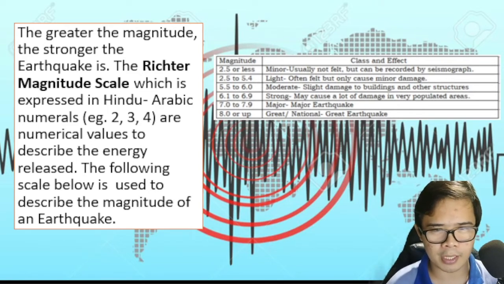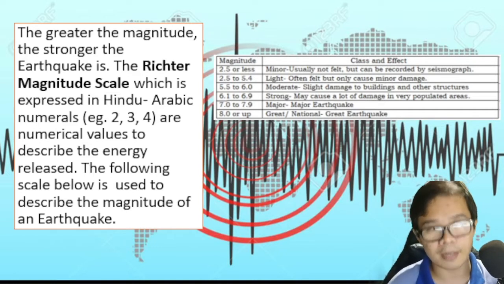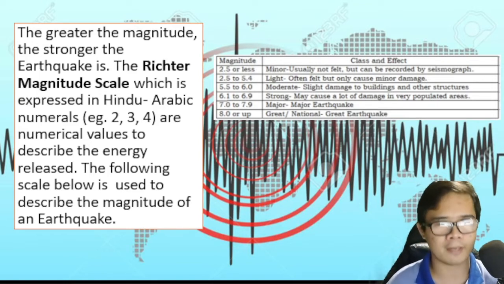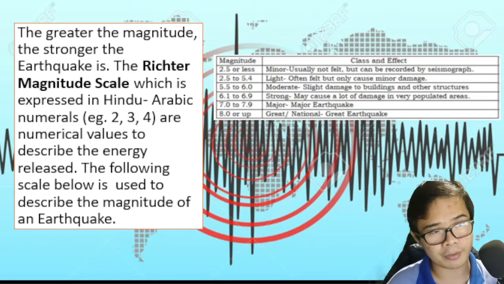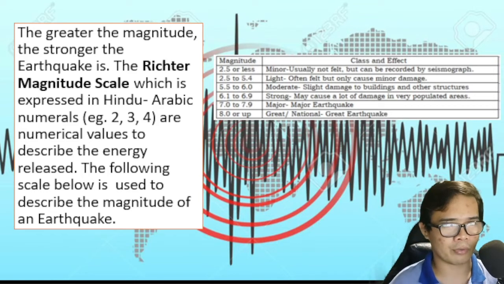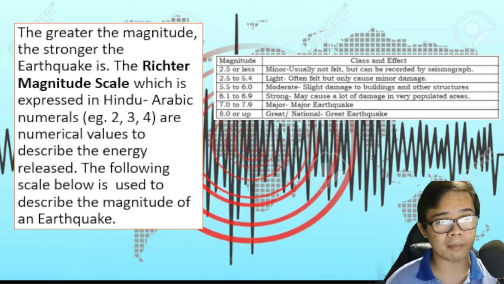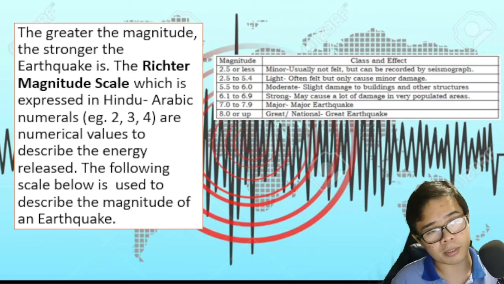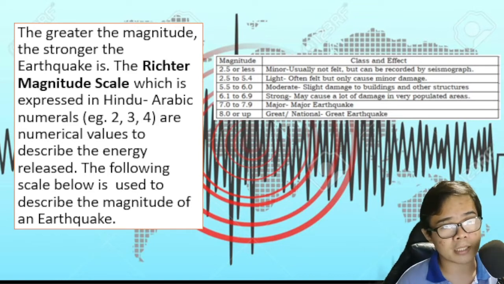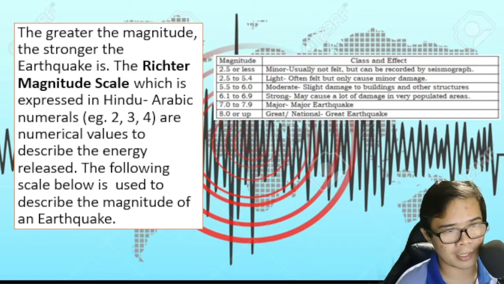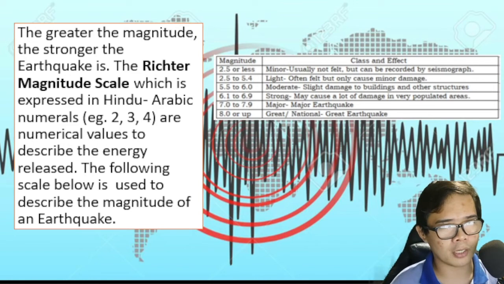And 7.0 to 7.9, that is a major earthquake. And the great earthquake, which is nasa 8.0 above. The great or national earthquake. So, doon pa lang alam mo na gaano kalakas ba. Mas malakas yung scale, mas matindi yung earthquake na nararamdaman. So, ganun po ang Richter scale.